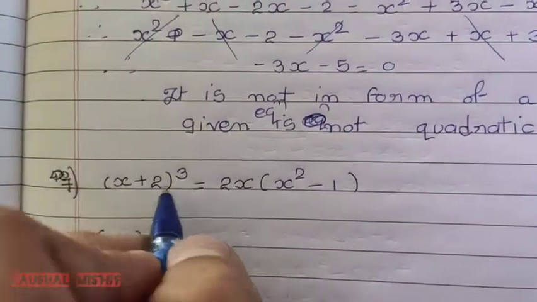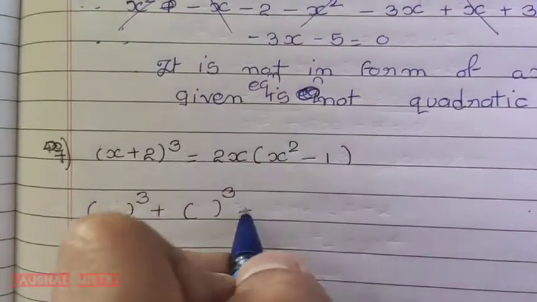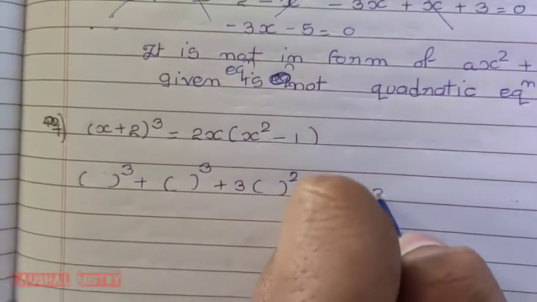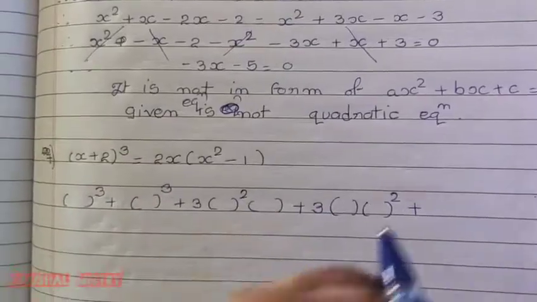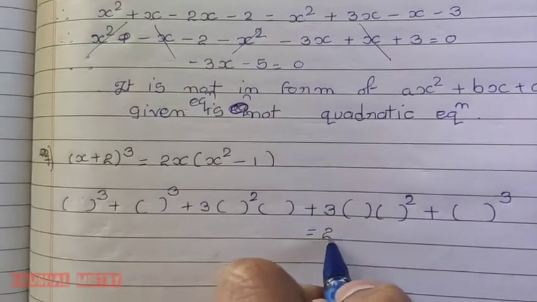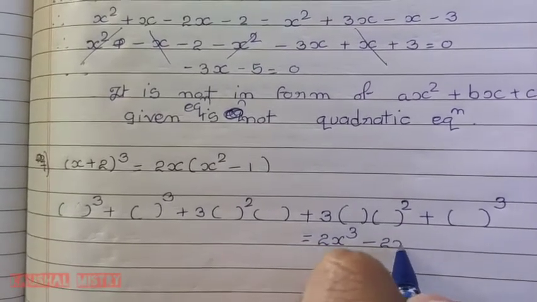Now x plus 2 whole cube, that formula is bracket cube plus 3 in the bracket square into bracket plus 3 in the bracket plus whole cube, that is equal to 2x cube minus 2x.